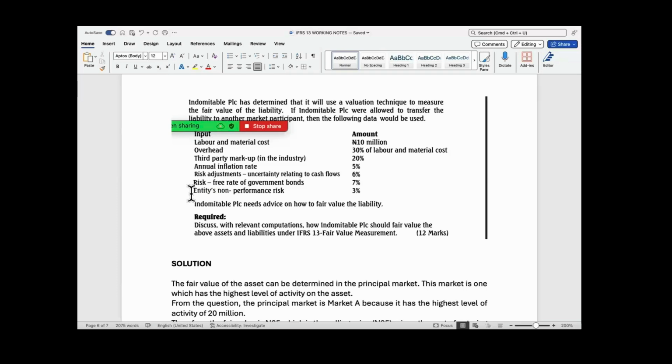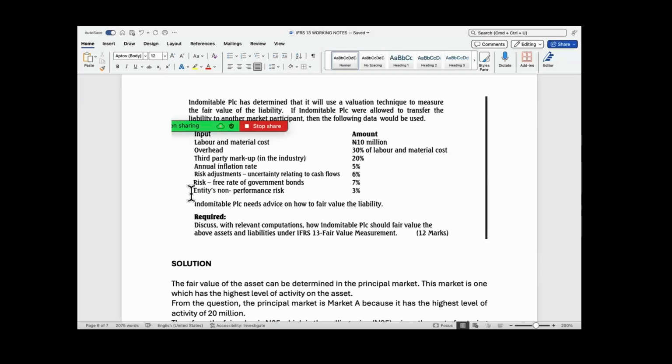So the only people who will have gotten this question right will be somebody that has probably seen this question before, or somebody that understands it so well, especially the discount factor, and knows that to discount future cash flows to present value, you don't use just the risk-free rate, you use the market rate.